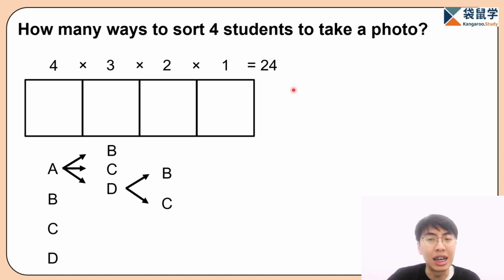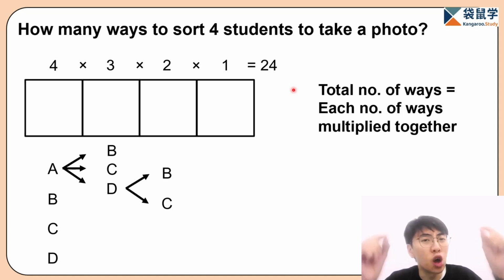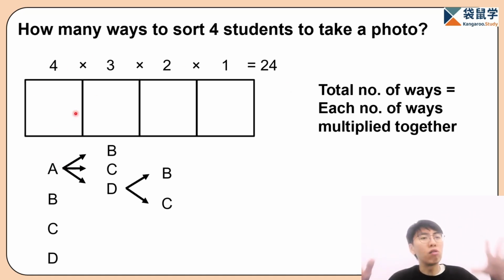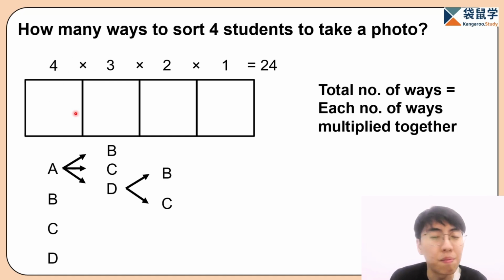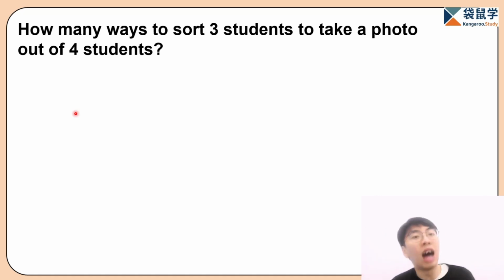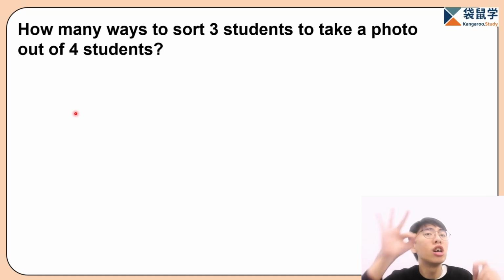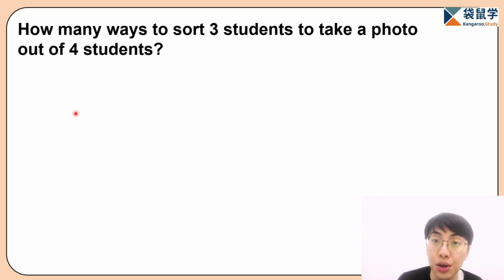And what do we call this? We call this the total number of ways. It's just each of the ways for the seat multiplied all together, and that gives us our total. So with that being said, now if the question says how many ways are there to sort 3 students to take a photo out of 4 students?